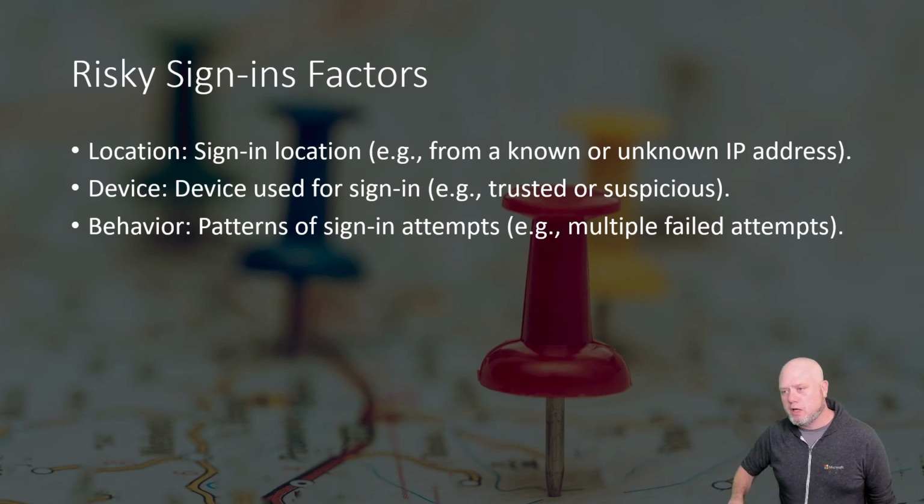Do I see multiple repeated failed logins from different IP addresses, or multiple different passwords coming from the same IP? Anything that would indicate that I should have a little bit of additional scrutiny on this login.